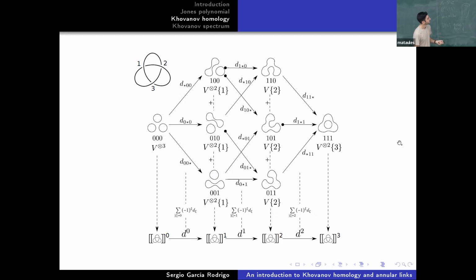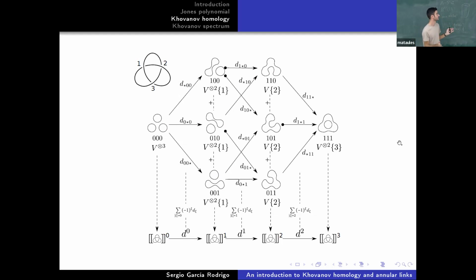There's some trick, because if you don't do anything else, the whole cube will commute. That's good, but you want the cube to be anti-commutative. Otherwise, you won't have that this is a differential. So you just have to change some signs.